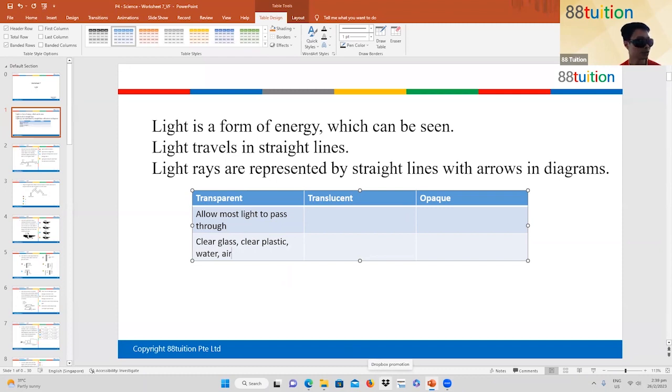Any questions so far? And translucent objects allow some light to pass through, right? Examples of translucent objects would be maybe frosted glass. What else?